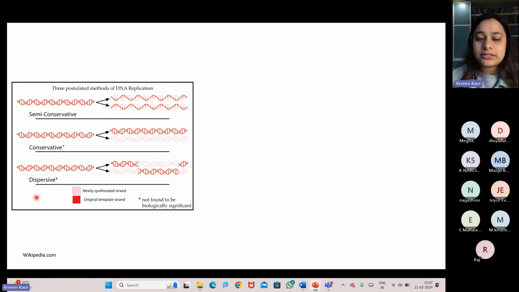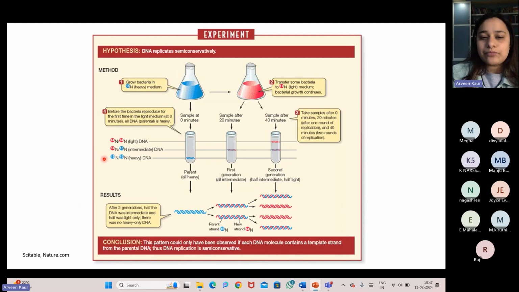but through the same experiment, that is Meselson style experiment, how do we know that dispersive kind of replication does not occur? Because over here, as you can see, we just obtain three distinct bands, right? If there was dispersive mode of replication that could occur, we would receive many intermediate bands between these three distinct bands, right?